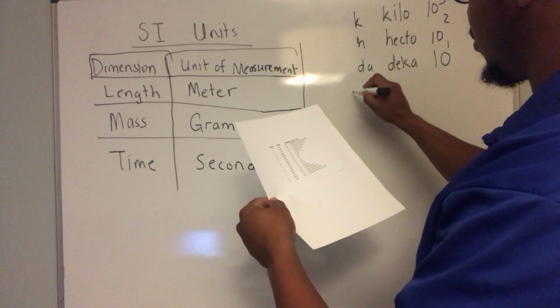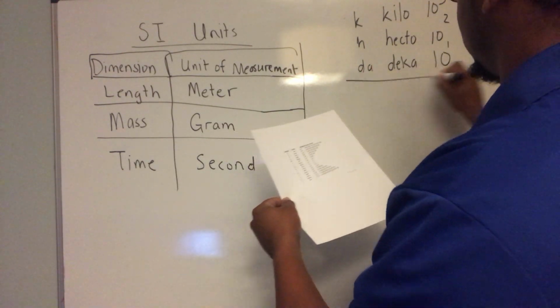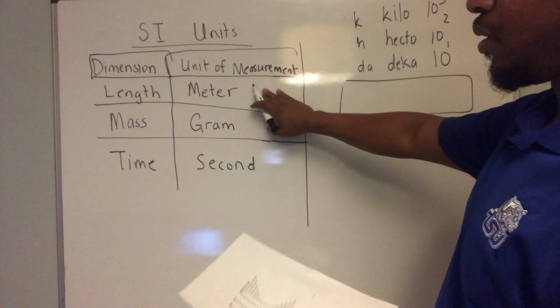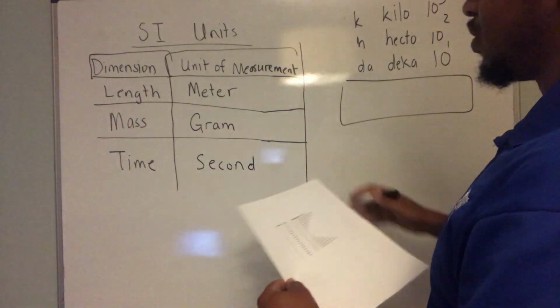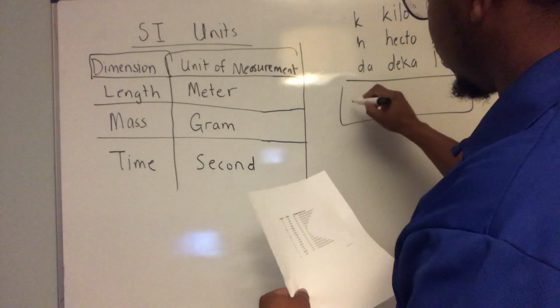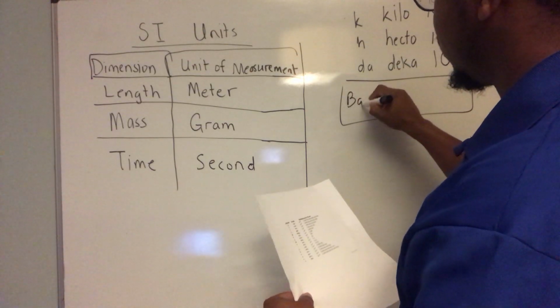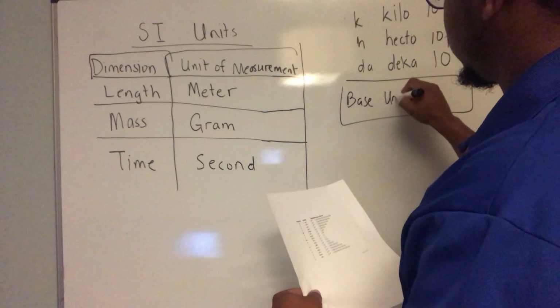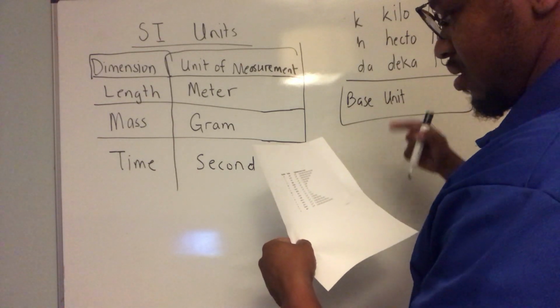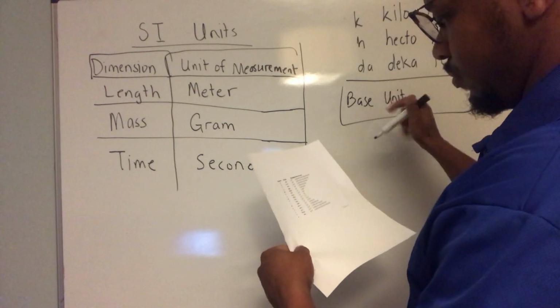Down here, remember, our base unit, it doesn't matter which one we choose, this works whether it's meter, gram, or second. All these are base units. It just depends on what we're measuring. So we'll just leave this for whatever the base unit is. Down here, remember these are smaller than the base unit.